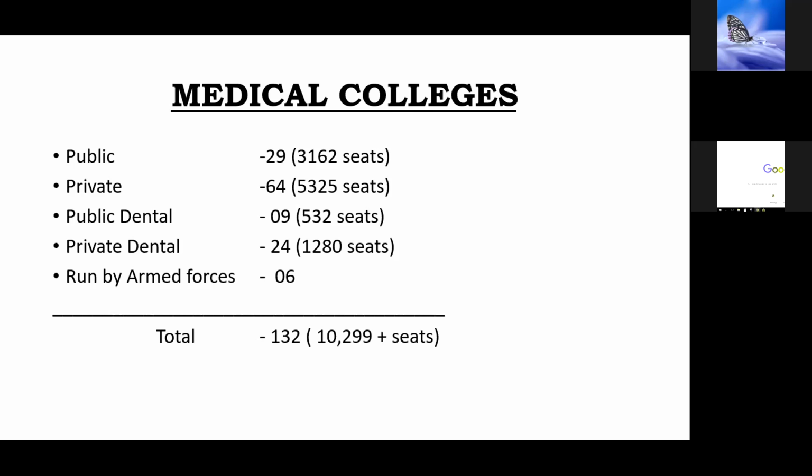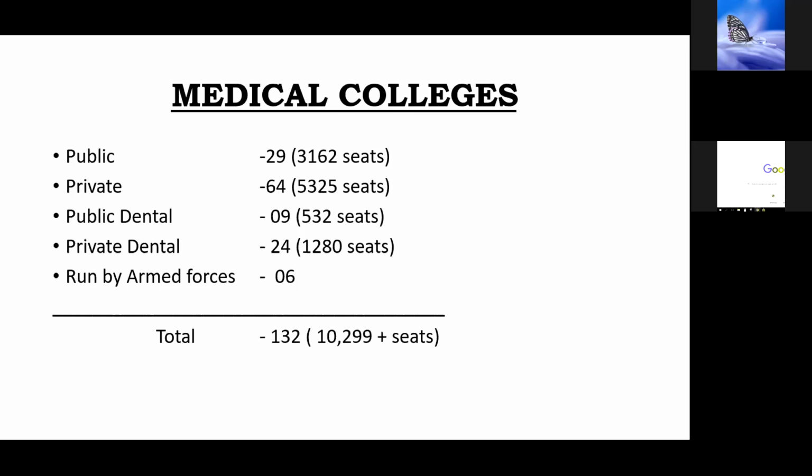Public dental, if you want to become a dentist, the doctor of teeth. There are 9 public dental colleges with 532 seats, and 24 private dental colleges with 1,280 plus seats. And there are some medical colleges run by the armed forces. After you graduate from there, you have a very good opportunity to join the armed forces, like the army, navy or air force, the defense forces.